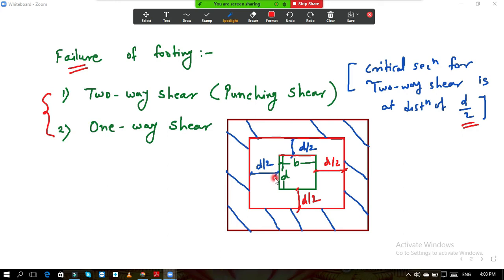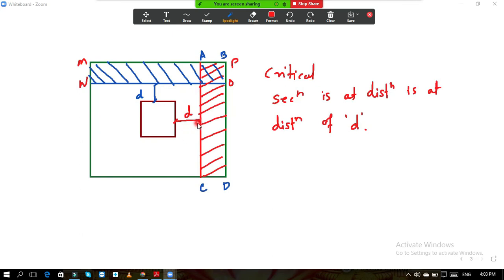Remember where the critical section is. These are the standard values given by IS 456 2000: d by 2 for two way, and for one way the critical section is at a distance d.